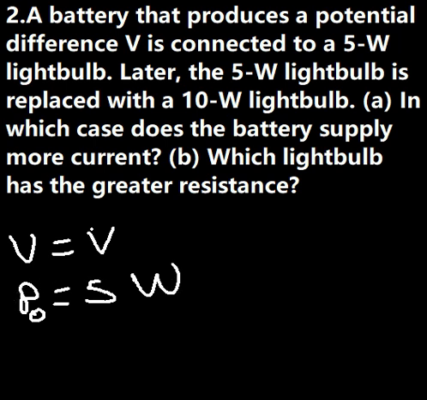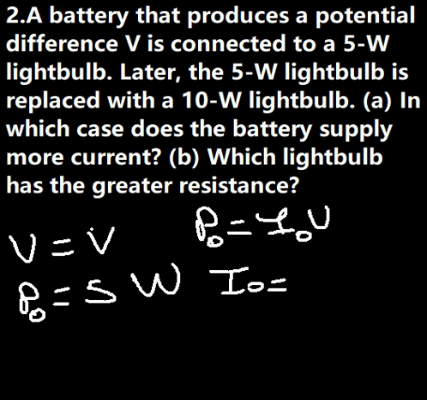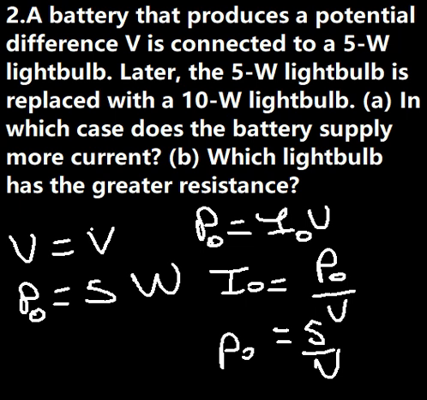Let's say that's the case. So now, which means we'll have the power is equal to IV. So in this case, we'll have the initial current. Since this is the initial power, the initial current will be given as the initial power divided by the voltage, of which the initial power is given as 5 watts divided by the voltage.